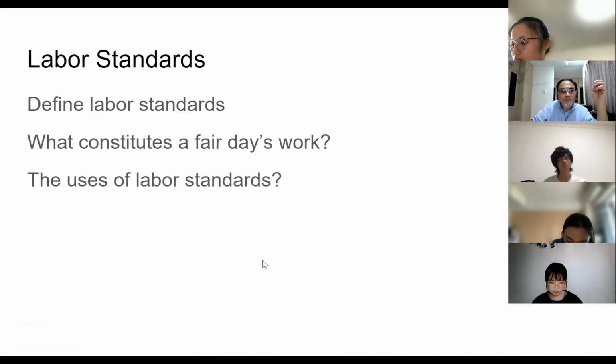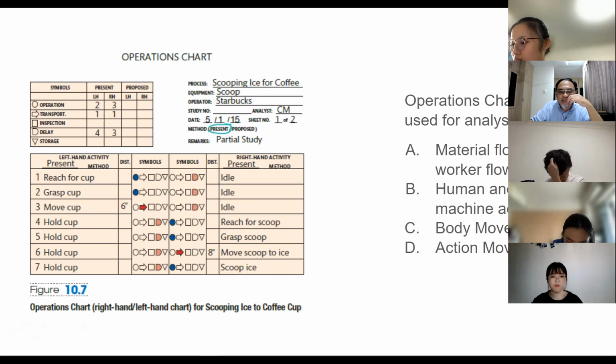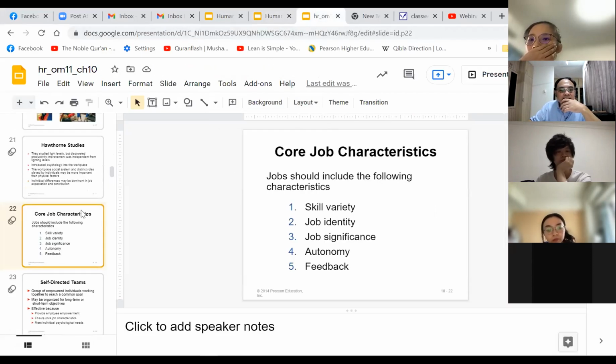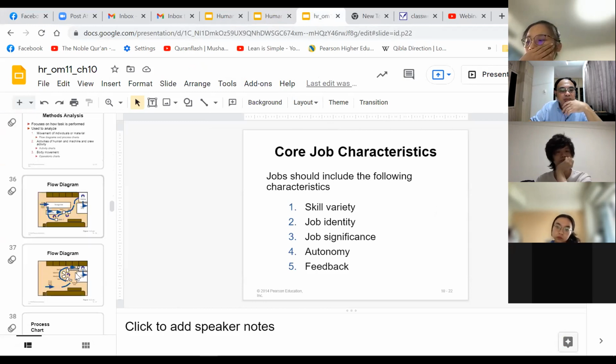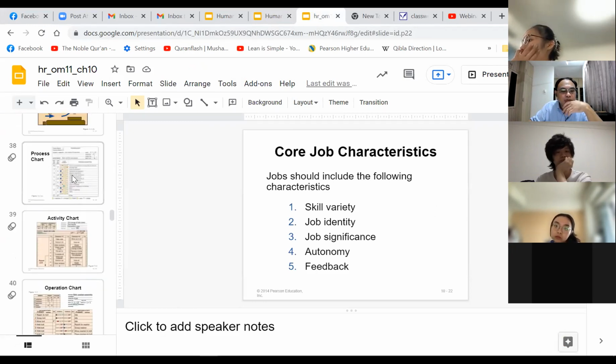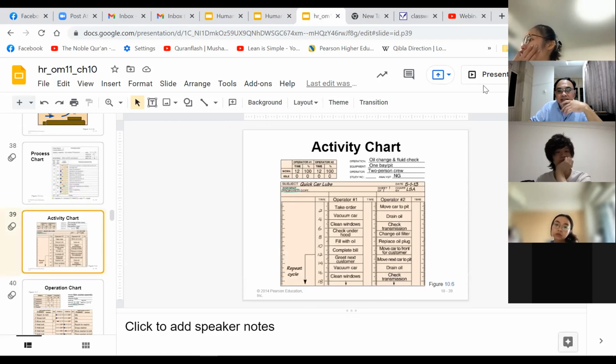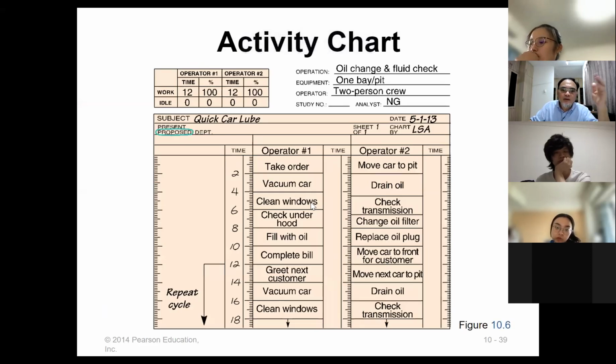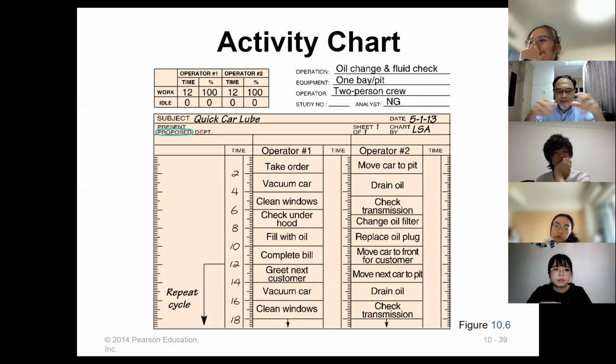The other chart is this chart. So I've asked you to analyze these two charts. This is the activity chart, man-machine, human interaction with machine. There's a difference from the operation chart, because the operation chart is just showing the body movement, hands especially.